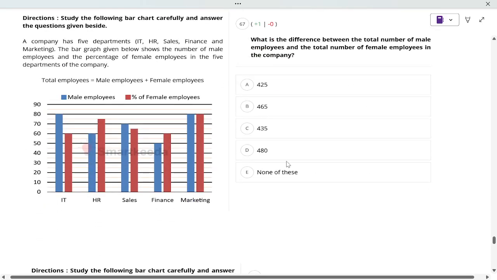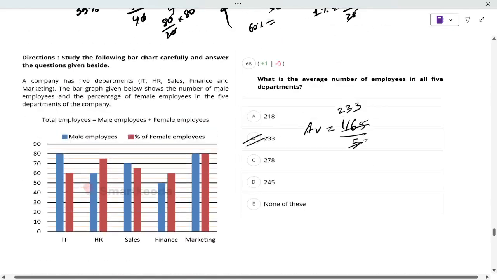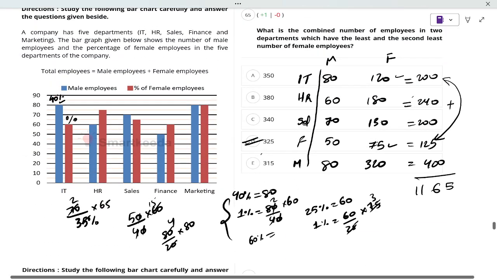Next one, what is the difference between the total number of male employees and total number of female employees? You just do it this way. Total of male will give us 80 plus 50 is 130, 130 plus 70 is 200, 200 plus 60 is 260, 260 plus 80 will give us 340.